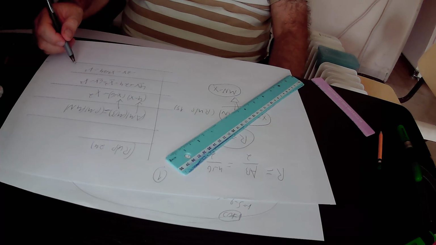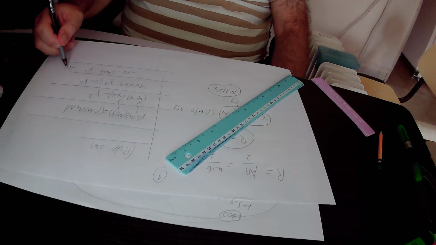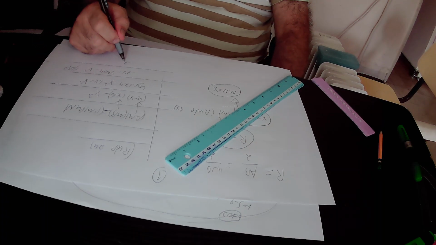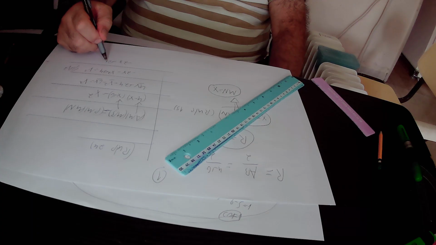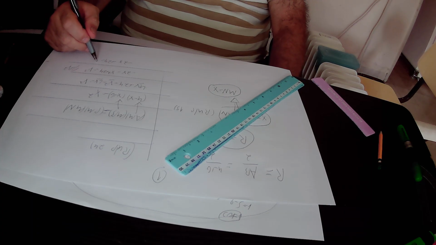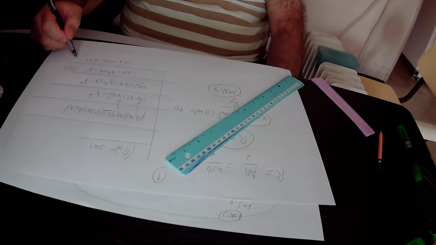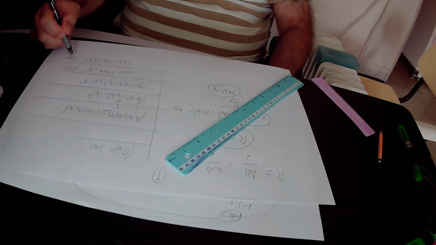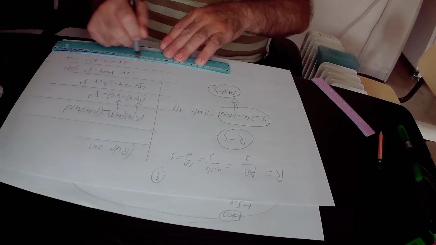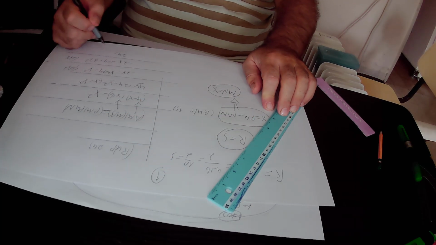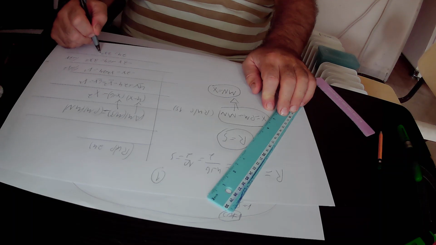Here we add X squared to the equation, and so we get minus 2X plus 24 equals 2X squared. Here we add 2X to the equation, and we get 24 equals 2X squared plus 2X.